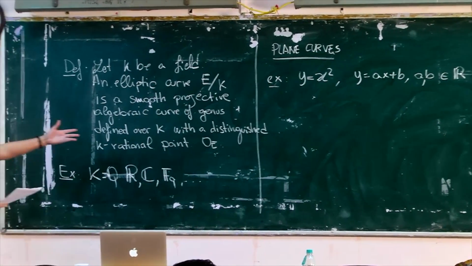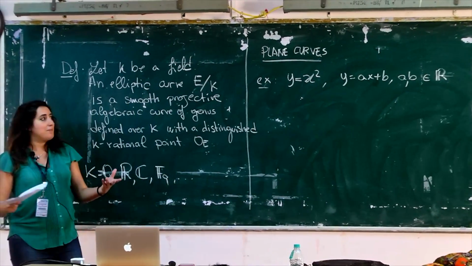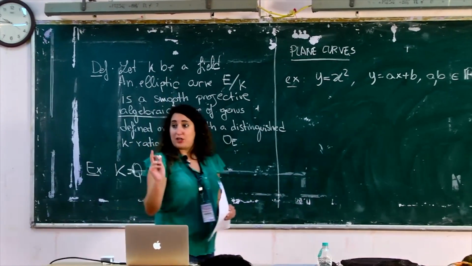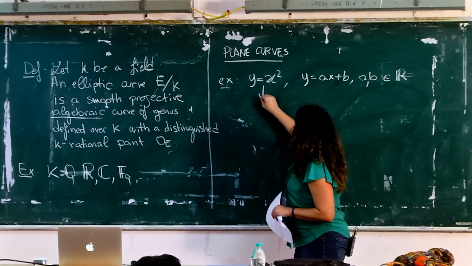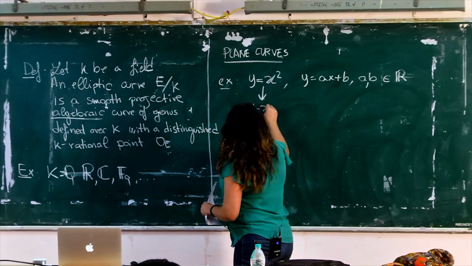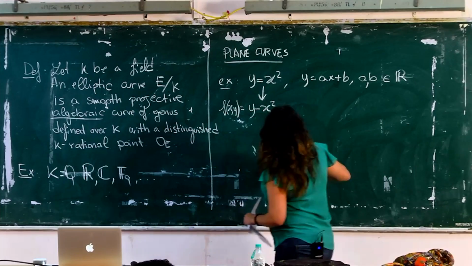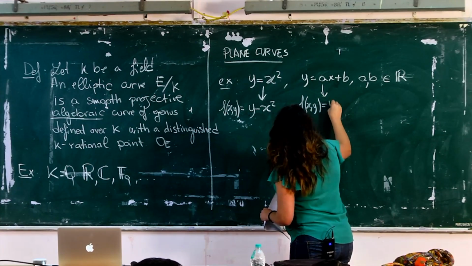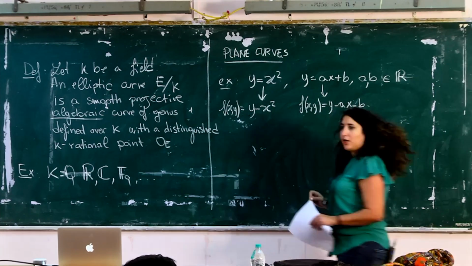So do you see that, of course, these are not all the kinds of curves that we can describe, but when we talk about algebraic curves, we're talking about polynomials. So what is the polynomial that is behind this curve? Yeah, I can write it on one side, so it's y minus x squared, okay? And here I can do the same thing. My polynomial here in two variables is y minus ax minus b, okay?